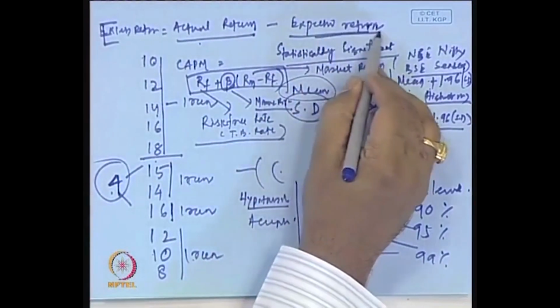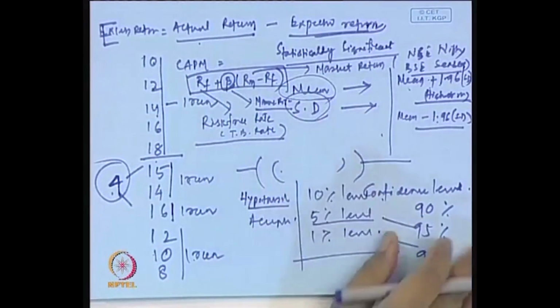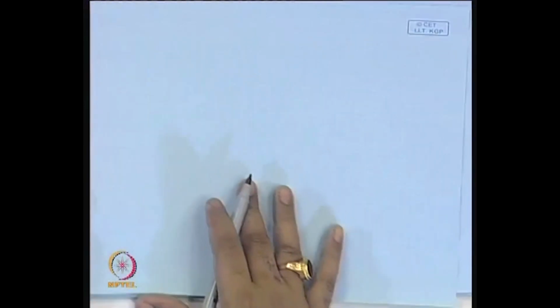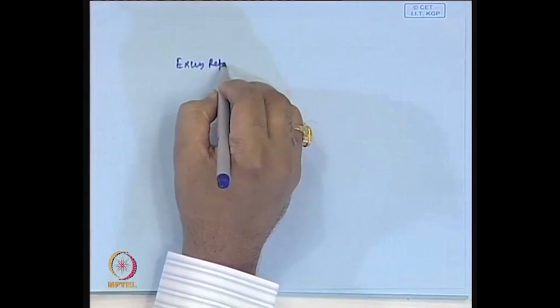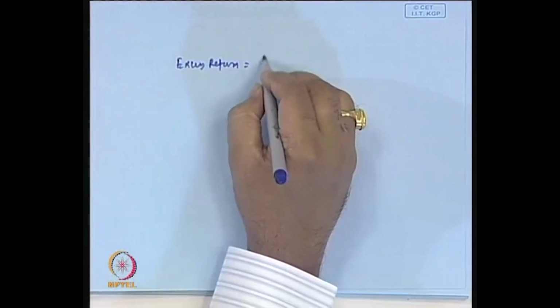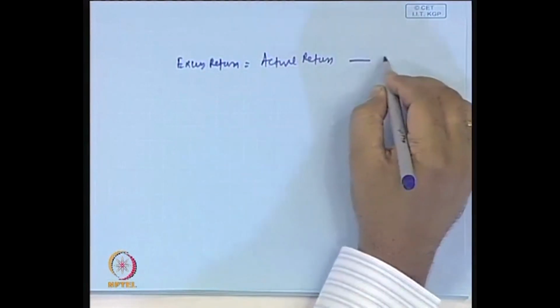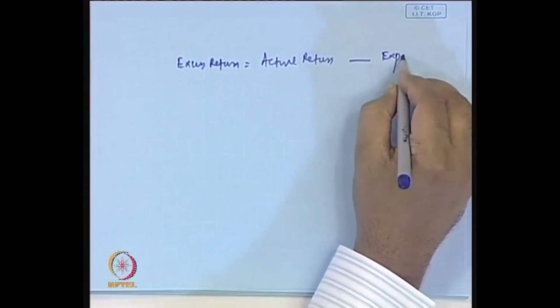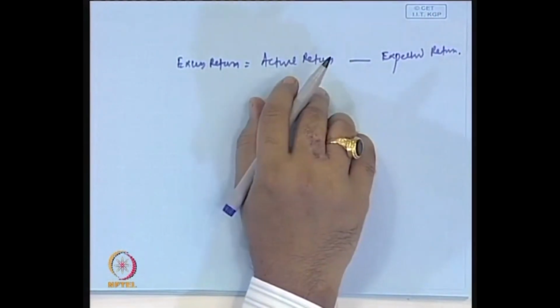It basically consists of different stocks. The excess return can be calculated in this way: the actual return you got from this portfolio minus the expected return.